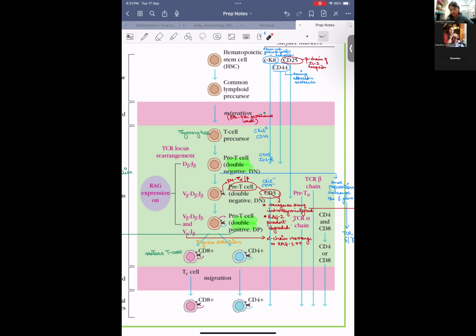Similarly, for T cell receptors, we discussed that it is the beta chain that undergoes VDJ joining and the alpha chain undergoes VJ joining, right? So the DJ joining chain always rearranges first. In your B cells, we had the heavy chain rearrangement happening first. Now, for your T cells, we had the DJ joining, which is happening for your beta chain first.